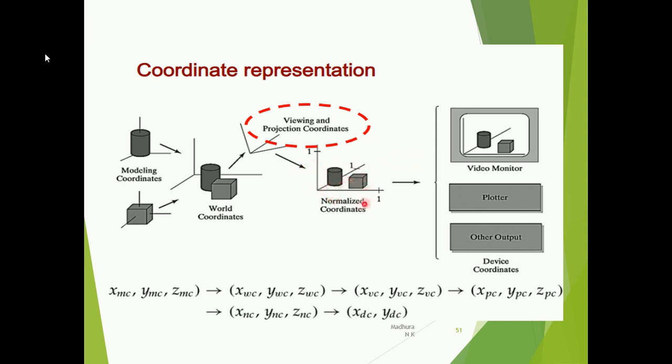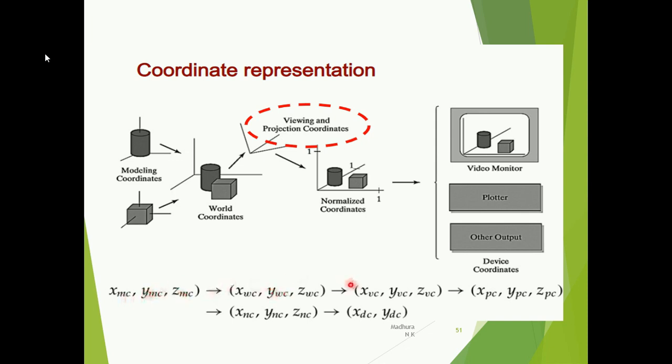Then again, these normalized coordinates you are going to map to device coordinates. Whenever you define any object in the three-dimensional XYZ coordinate system, you initially define it in modeling coordinates. MC represents modeling coordinates.